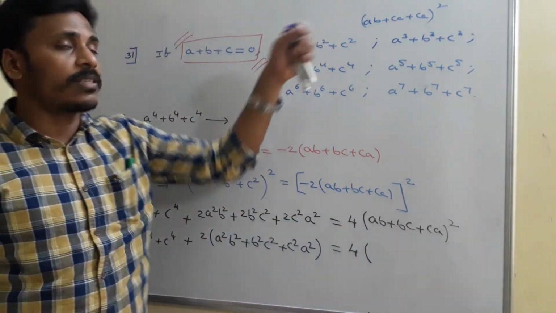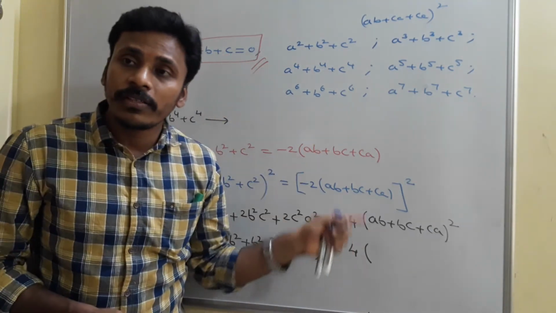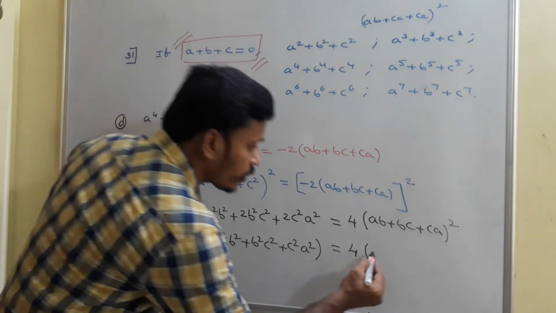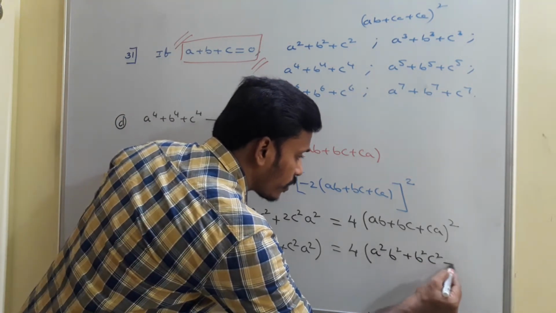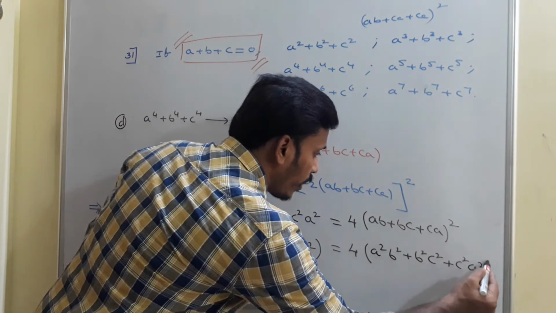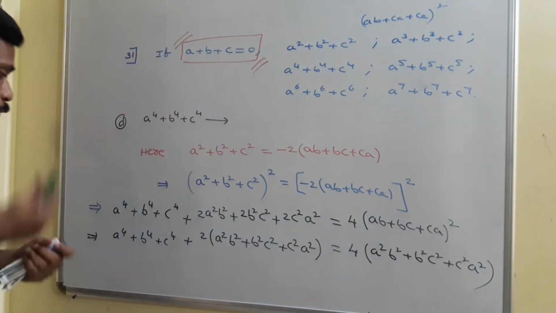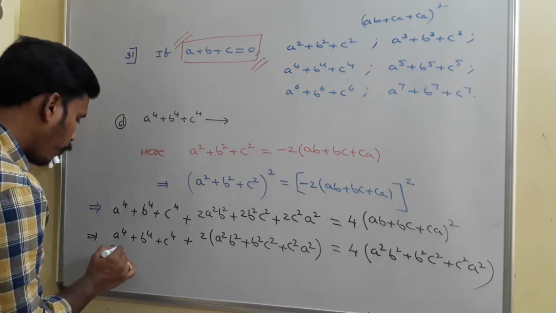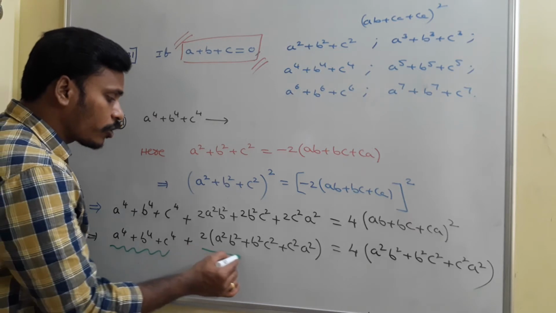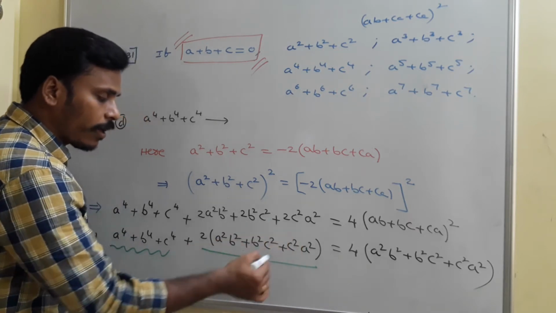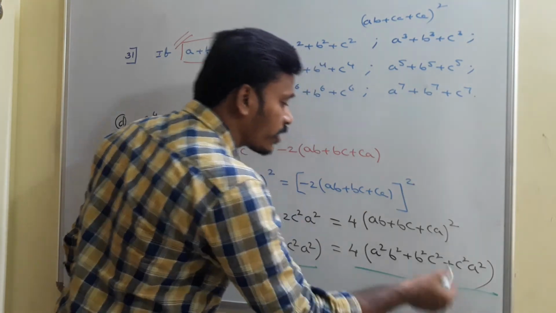As I mentioned in the second part, if a plus b plus c is equal to 0, then this ab plus bc plus ca whole square is directly a square b square plus b square c square plus c square a square. Now think about the situation. I need to find this a power 4 plus b power 4 plus c power 4. And if you observe, this is 2 times of a square b square, b square c square, c square a square, and this is 4 times of the same thing.